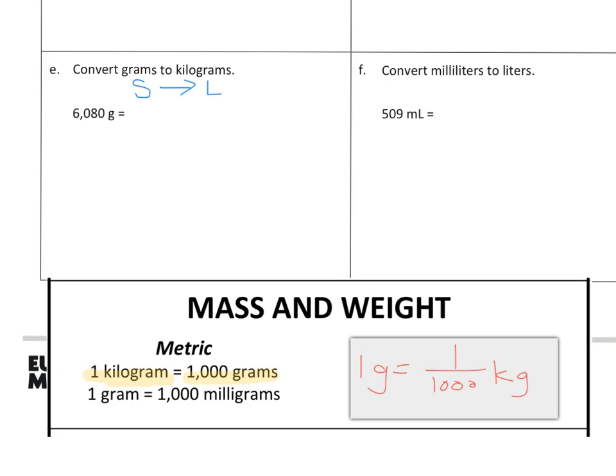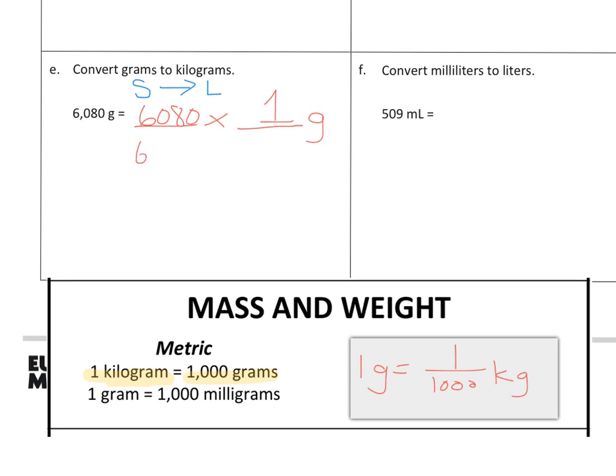So let's go ahead and convert. They took away the lines for us, but we can quickly put those in to help us figure out what we need to do. So now we know that we're going to separate the factors. We have 6,080. And we're going to multiply that by how many grams would give you 6,080? Well, 1 gram gives you 6,080 when you multiply that.